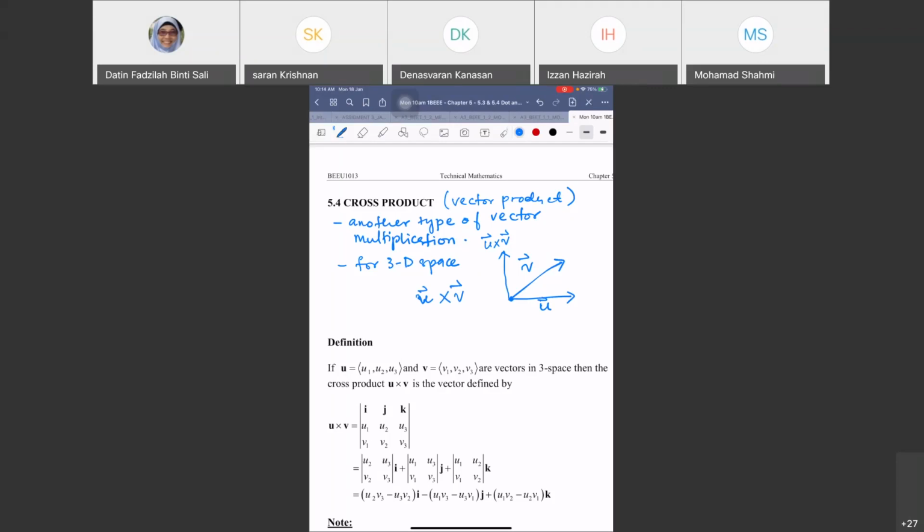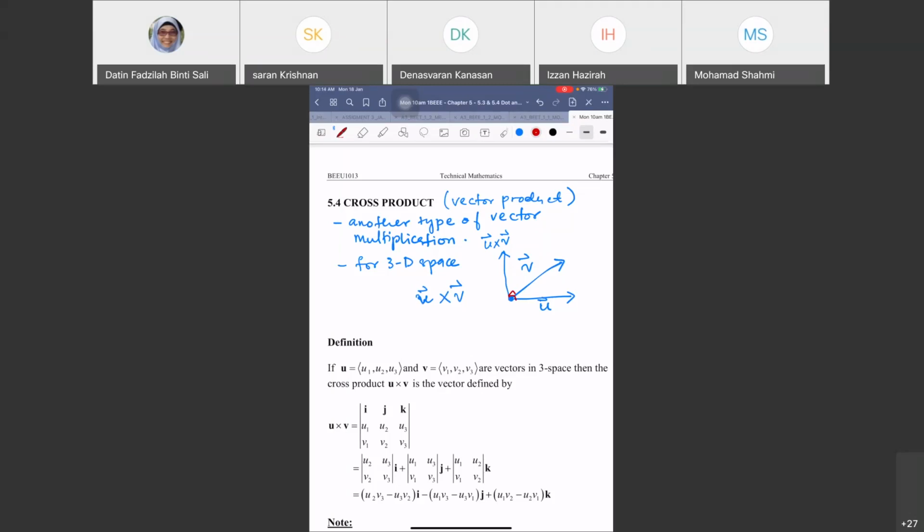Because the product is a vector, that vector is pointing upward or downward, in which the angle between vector u and vector v towards this cross product makes a 90-degree angle. Sometimes in other books they call it a normal vector.